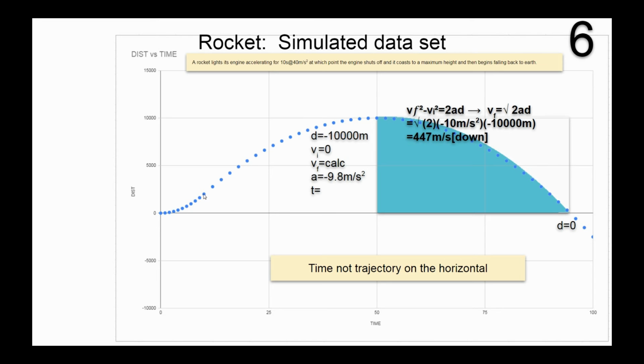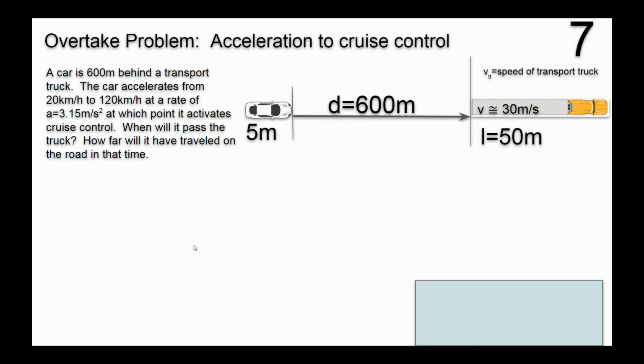So this problem started here to the peak, and the second half goes from the peak not to the same height, but all the way to 0. So it's not a symmetrical scenario. It's landing slightly faster than when it started this part of the journey. That's sensible. And we get 45 seconds. It makes good sense. And then you could add them all up and get your total if you required.